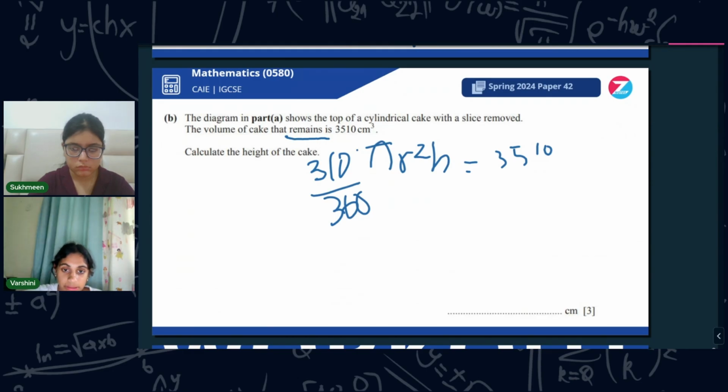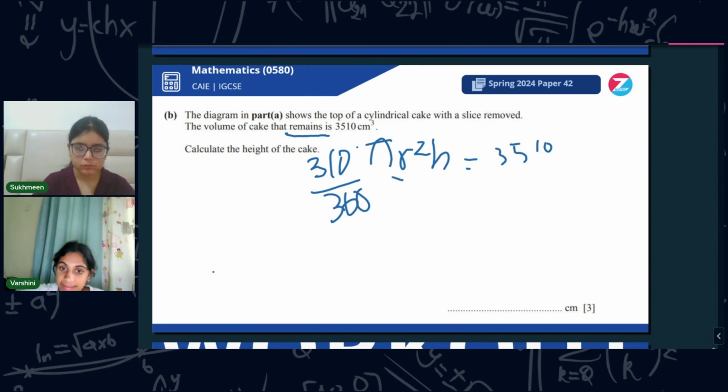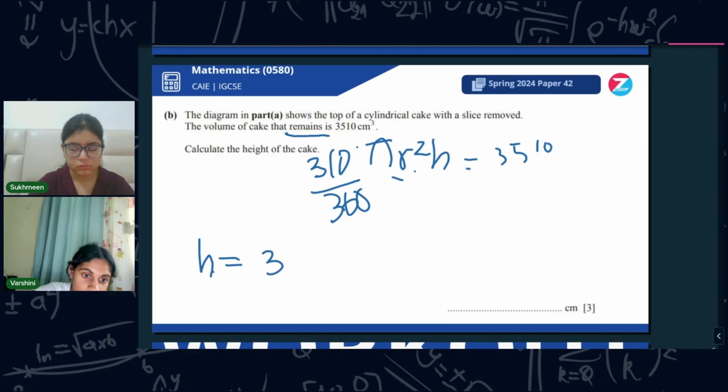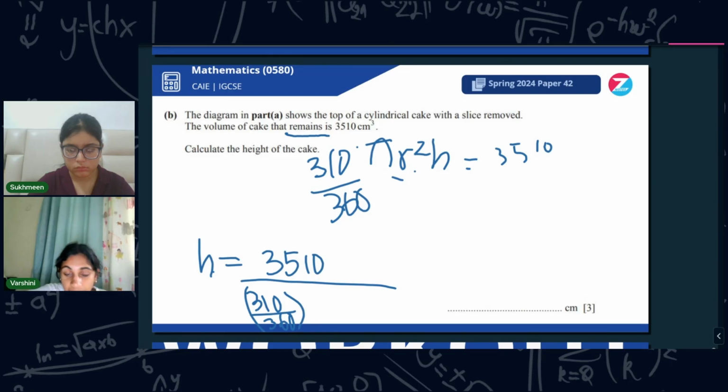Now remember, we just want to find h. We already know r. So now we want to make h the subject of the formula, so we're going to take everything else to the other side. H is going to equal 3510 divided by, now we need to get rid of all these multiples by dividing both sides by them, so 310 by 360, and again we also need to divide by pi and r squared, which is 12 squared.